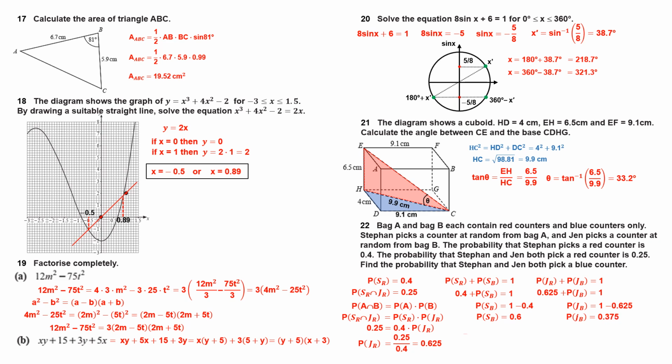Again, since their choices are independent, the probability that both Stefan and Jan pick blue counters is the product of their probabilities. The probability that both Stefan and Jan pick a blue counter is 0.225.